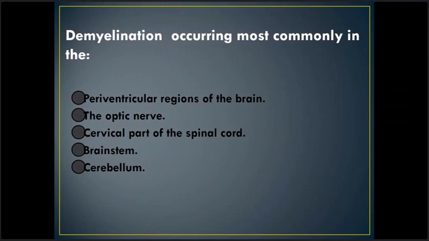This plaque of demyelination occurs most commonly in special areas. There's a predilection for the periventricular region of the cerebrum, the optic nerve, the cervical part of the spinal cord, not all the spinal cord, the brainstem, and lastly, the cerebellum.